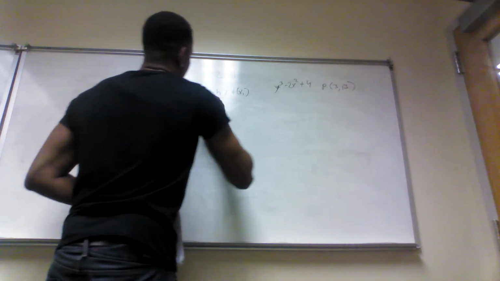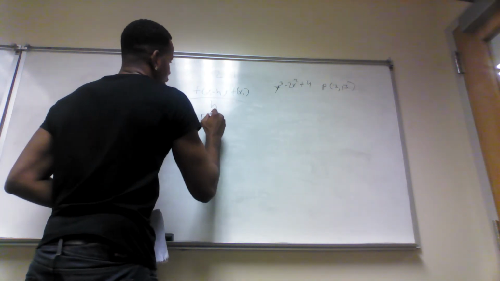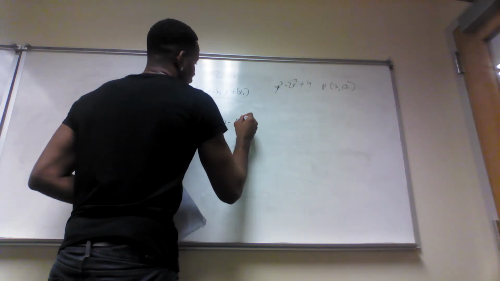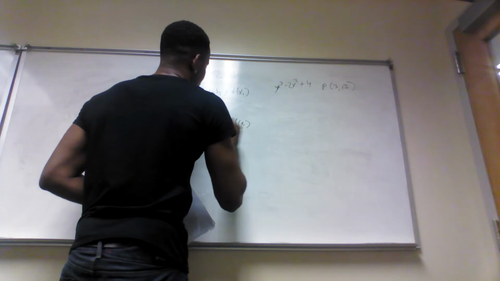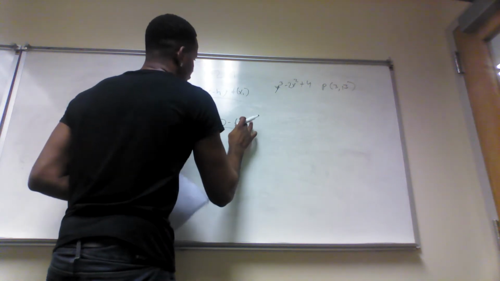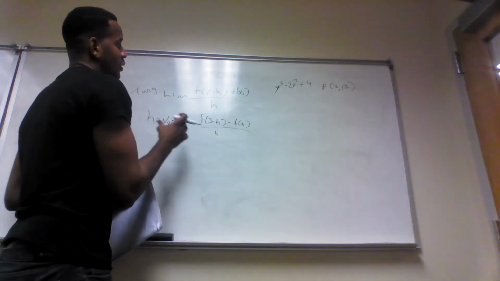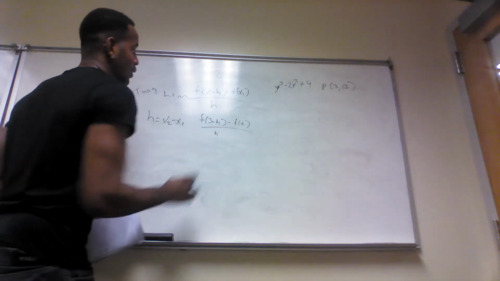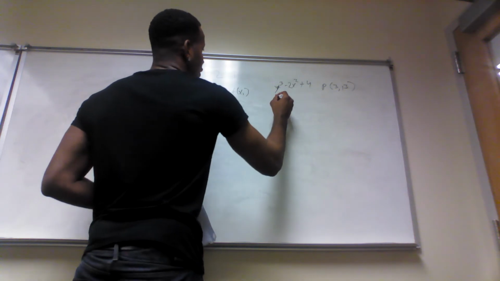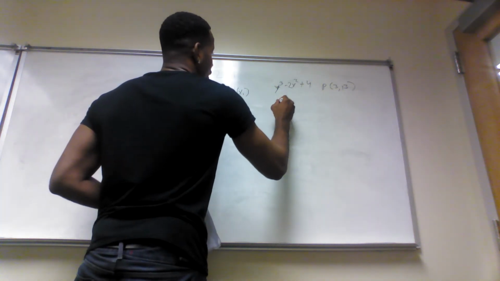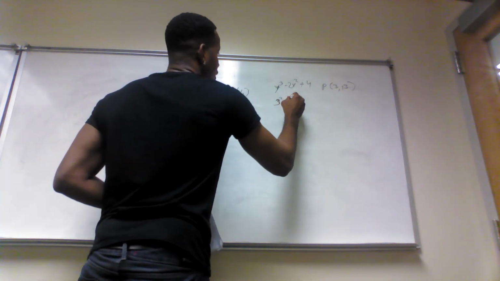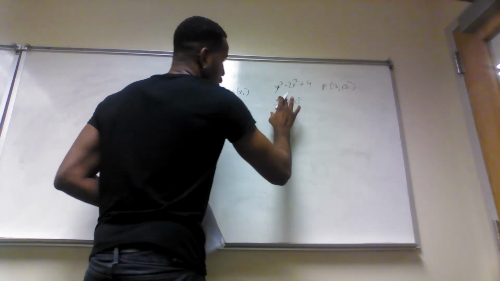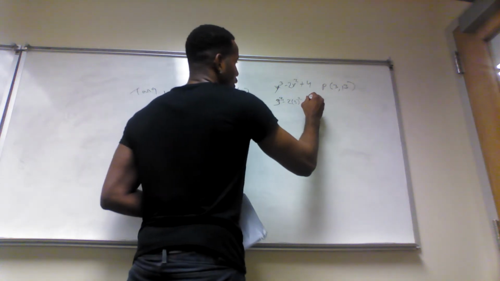x1 is 3. So it's going to be f of 3 minus h minus f of x1 over h. Now, to find out what this is, we're going to plug in a 3 for x. So we're going to have 3 cubed minus 2 times 3 squared plus 4.